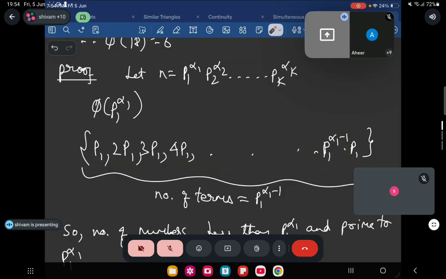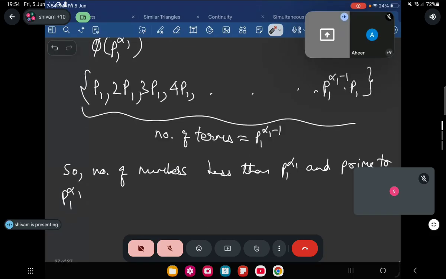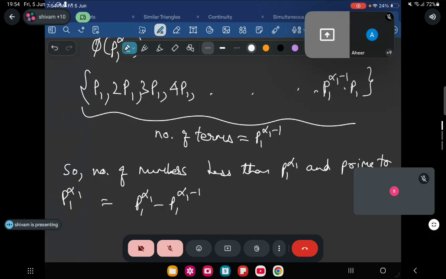Or should I explain? This will be equal to p1 to the power alpha 1 minus p1 to the power alpha 1 minus 1. From here, if you take p1 to the power alpha 1 common, you'll get 1 minus 1 by p1. Done. I hope you are getting how I have written the whole proof.